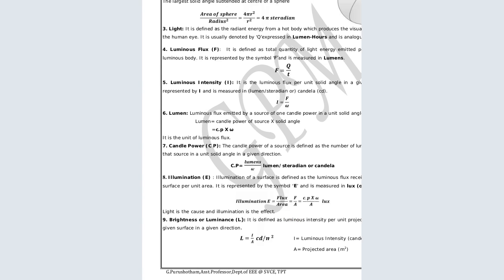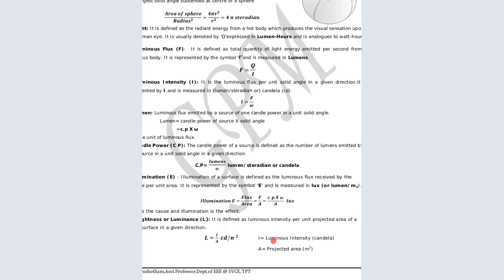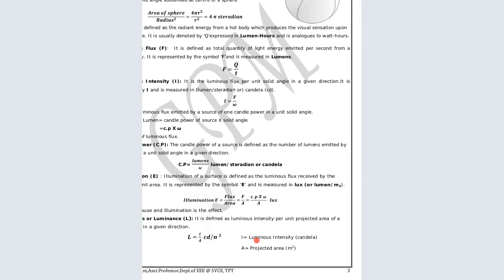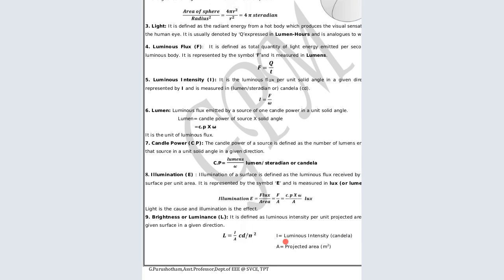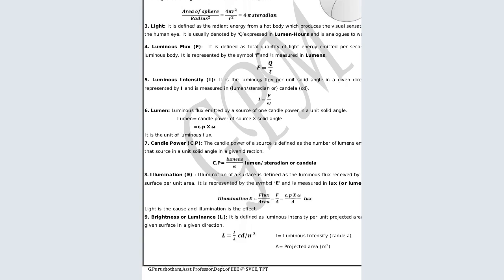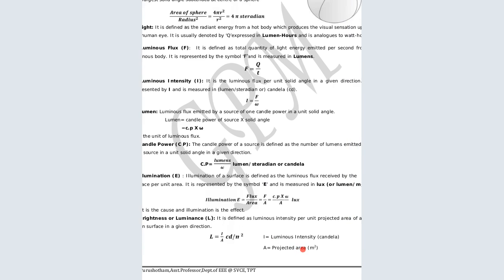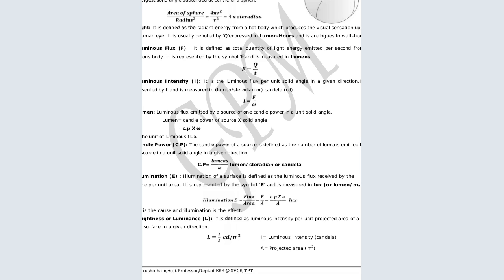So the brightness, or luminance, is defined as the luminous intensity per unit projected area of the given surface in a given direction. We had already said in the last lesson that brightness is also called luminance, and it is luminous intensity I over the projected area.